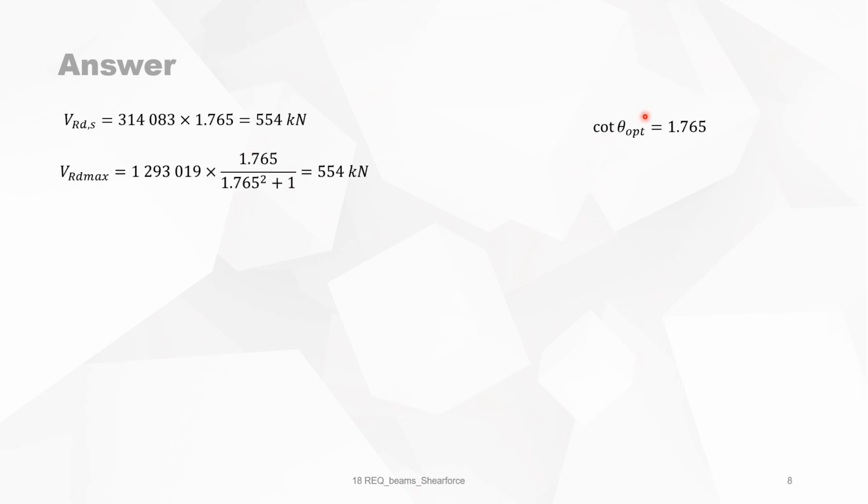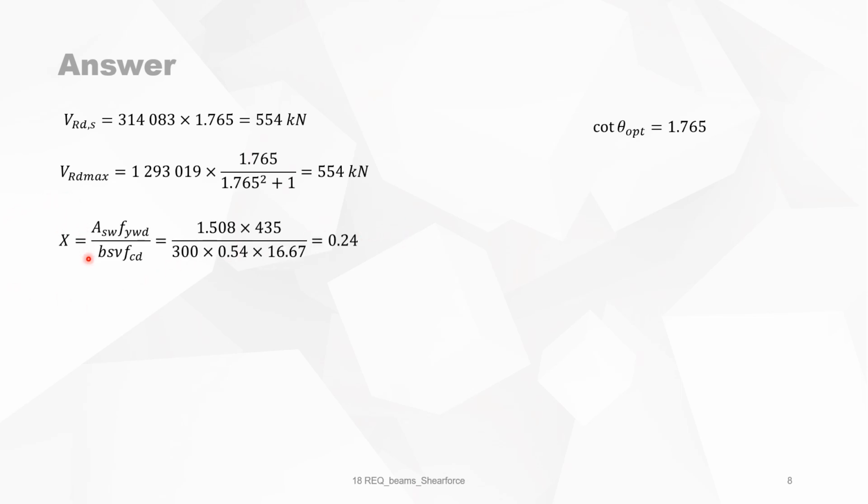We call this optimum because the maximum allowable shear stress is there at the same time that the compression struts are failing and the stirrups are failing. So it's a failure mode of the two at the same time. So that's why we call it optimum. And when you're using those formulas, you see it is indeed the same.